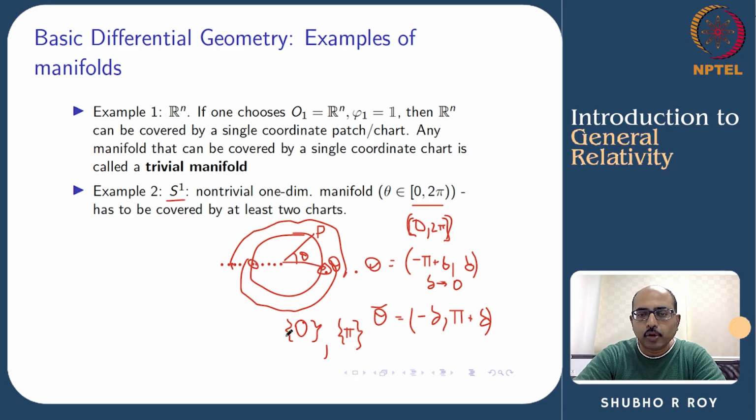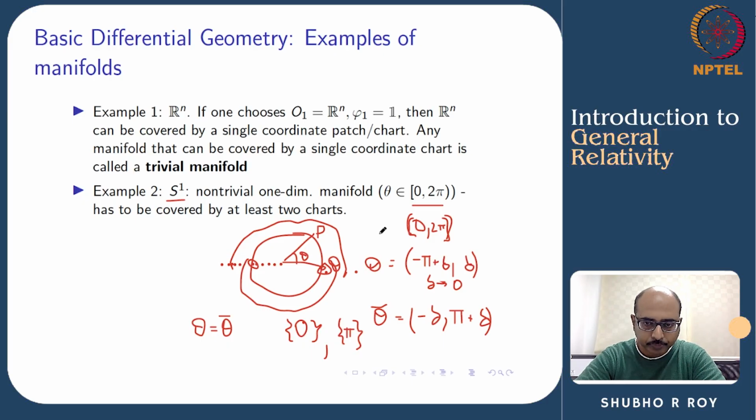But in the overlap region, we know the 2 thetas are equal, both of them are 0, theta and theta bar are 0. So the transition functions are given by theta equals theta bar, which is of course a smooth function. Hence, you can think of this construction as giving coordinate charts or coordinate systems for S1. You need at least 2.